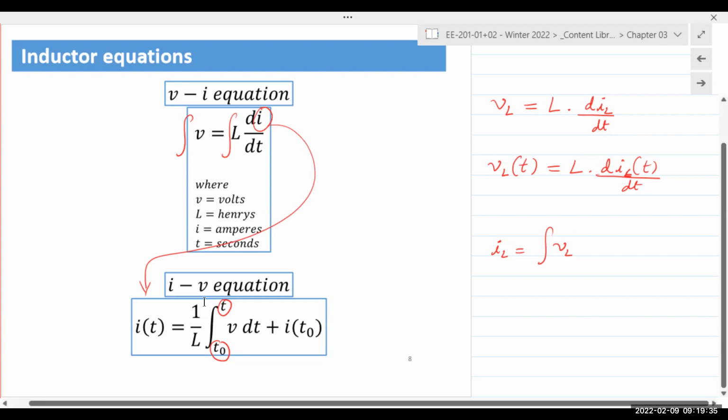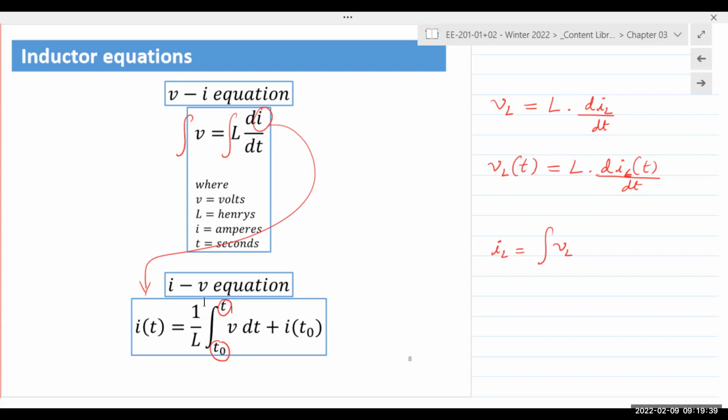The reason is whenever we analyze the voltage or current for an inductor or capacitor, we are analyzing it for specific points in time. So here right now we say it's t0 to t. t0 simply means the value at time t equal to 0.